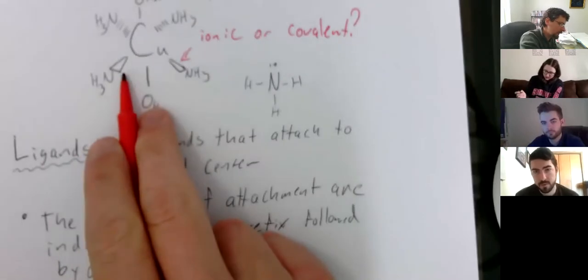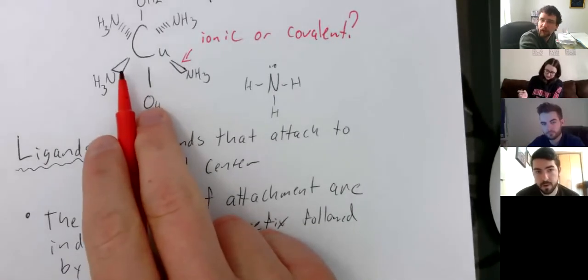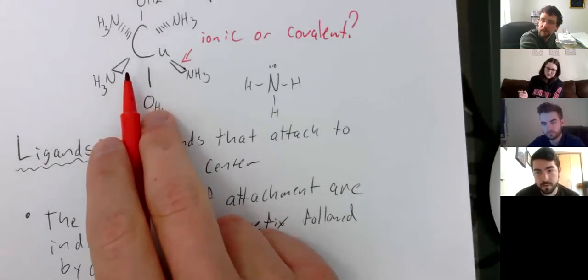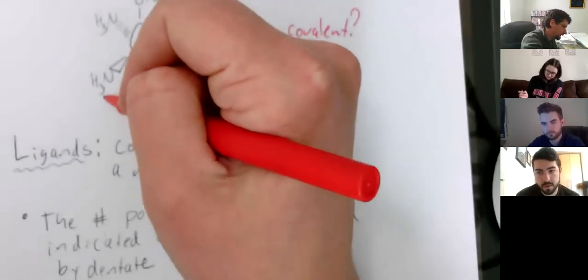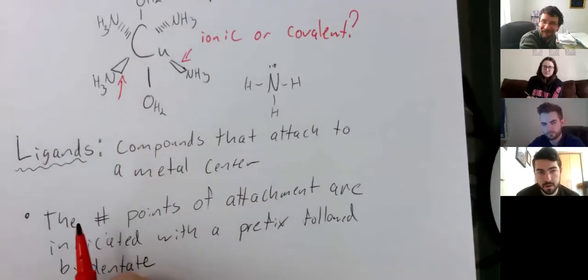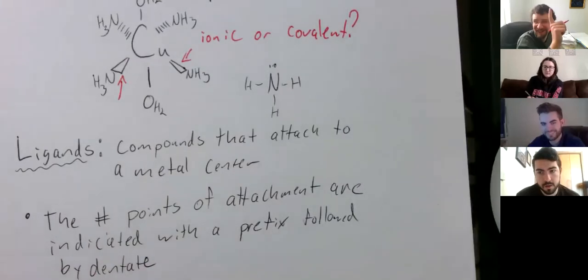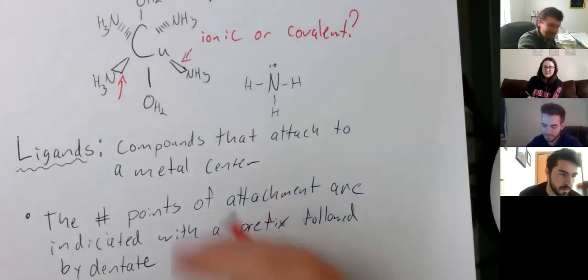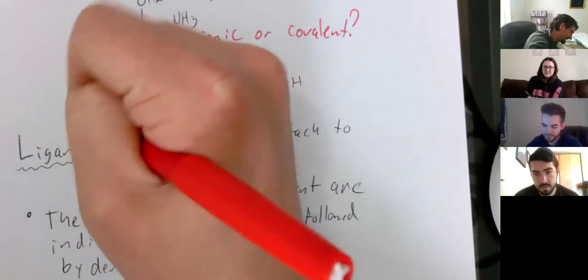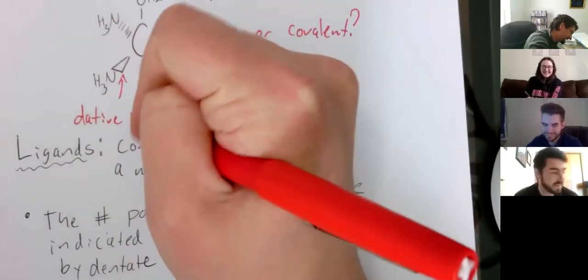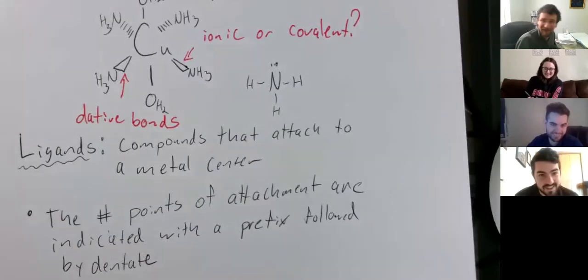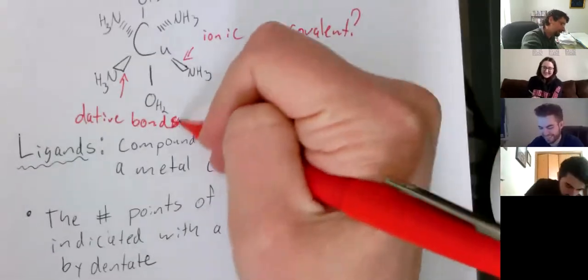And do you remember what type of bond this was called that started with a D? Degenerate. Nope. You're thinking PChem. Starts with a D, ends with an ative. Bond, yeah. Yeah, dative bonds. There we go. Well, this one's just a bond.